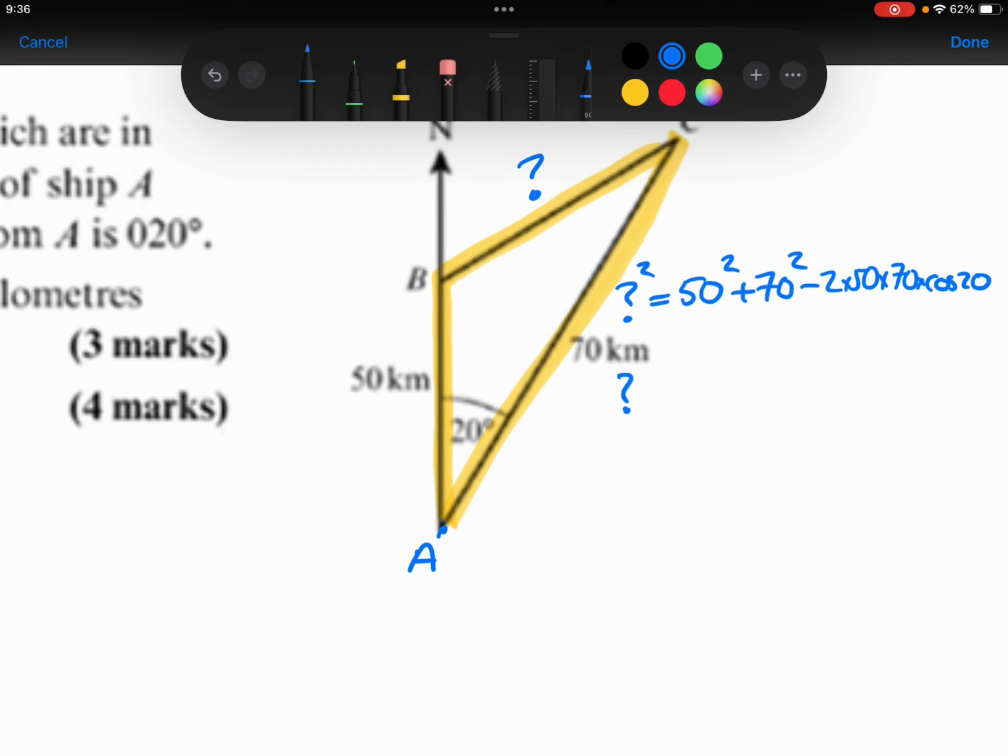So putting all of that into my calculator, we get 822.15. Don't forget to square root your answer.